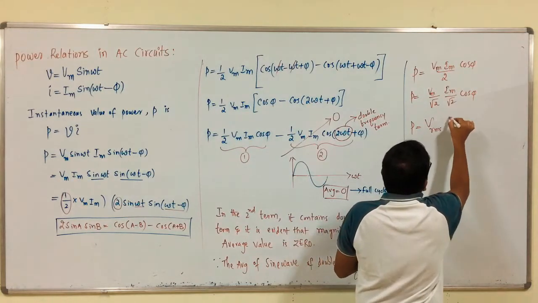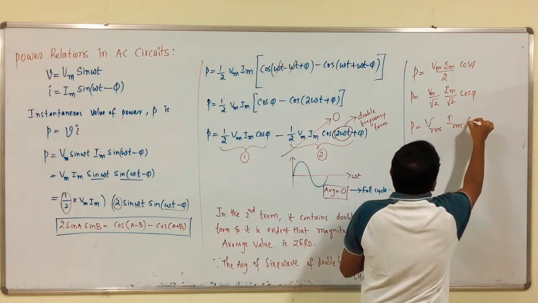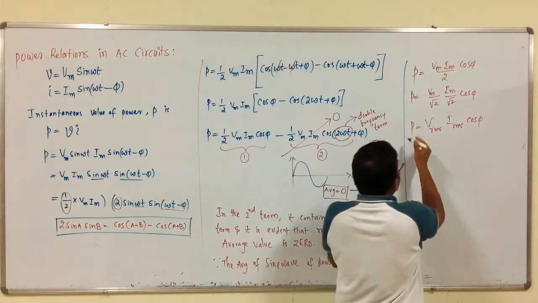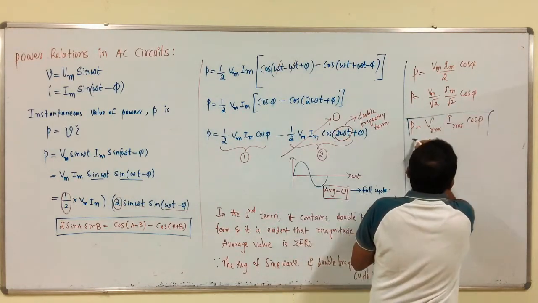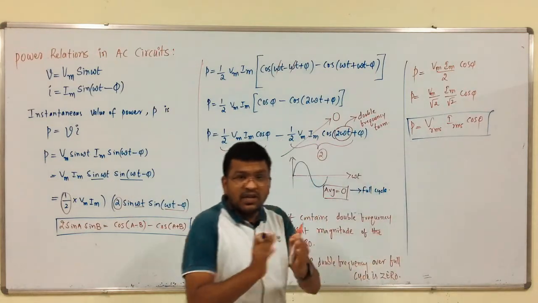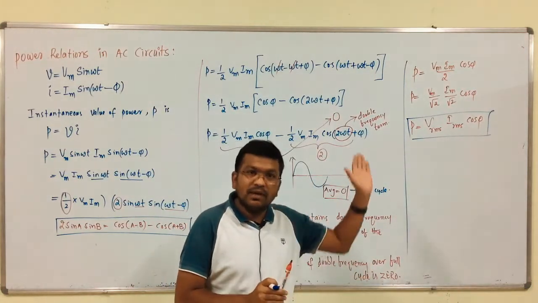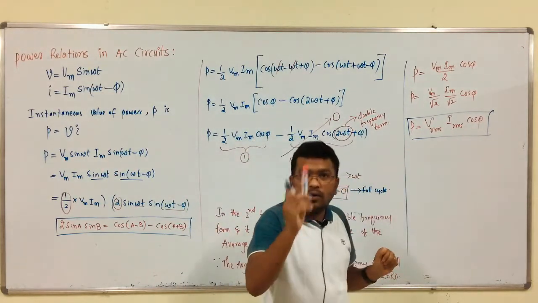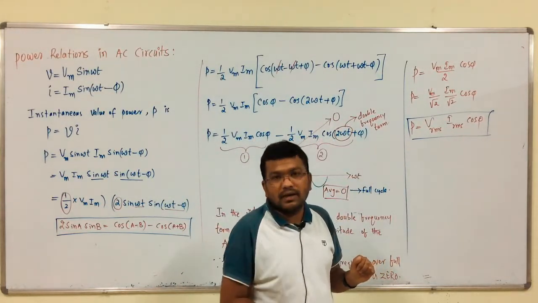If it is Im by root 2, I RMS cos phi, which is nothing but the average power, or RMS power, or true power, or active power.